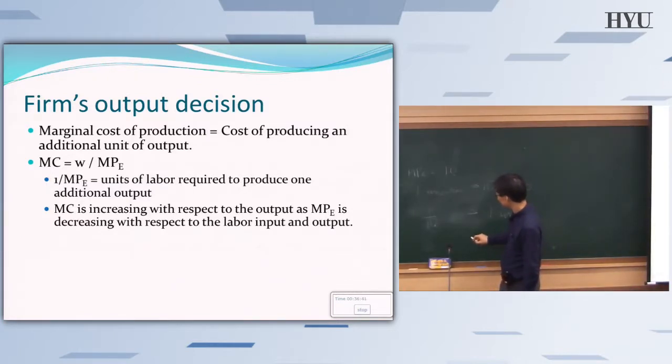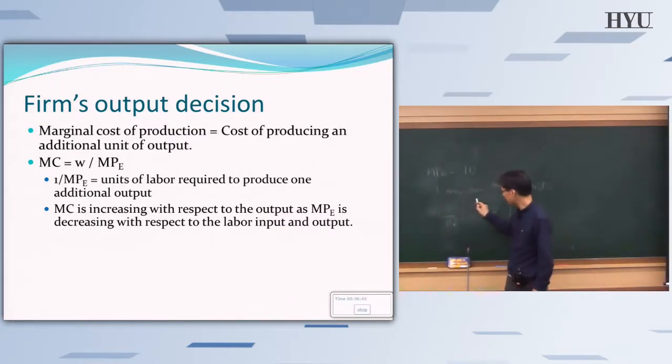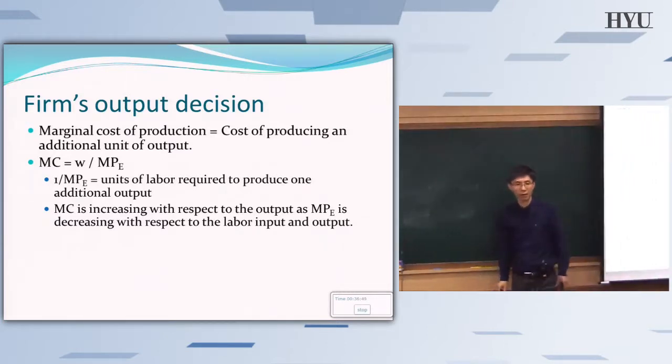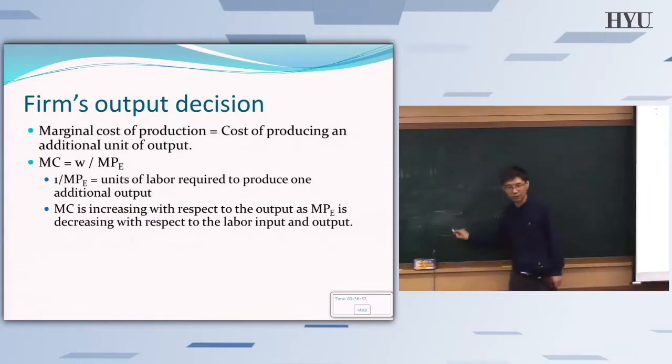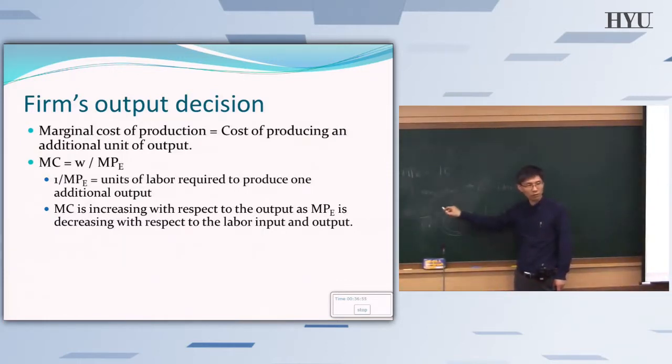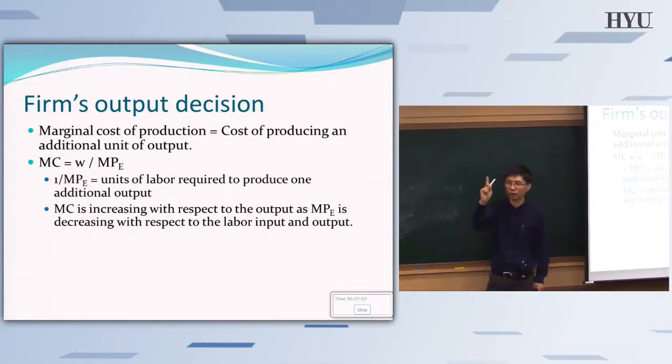So what is 1/10? It is basically 1 divided by the marginal product of labor. So if we know the marginal product of labor, 1 divided by MPL is the additional labor input we need to produce 1 more unit of output. Very simple example.